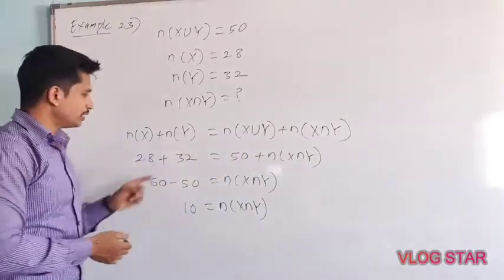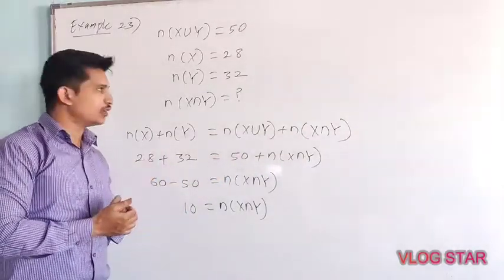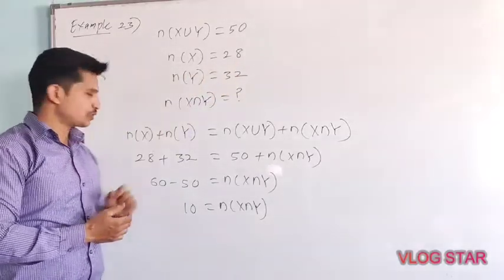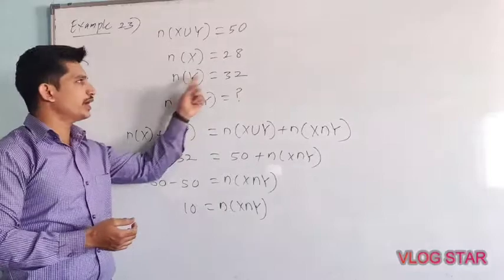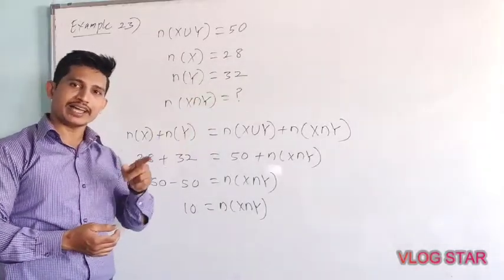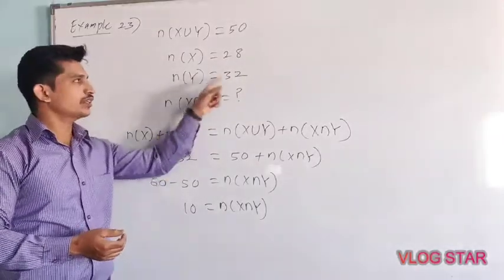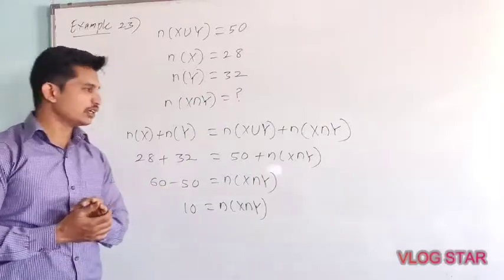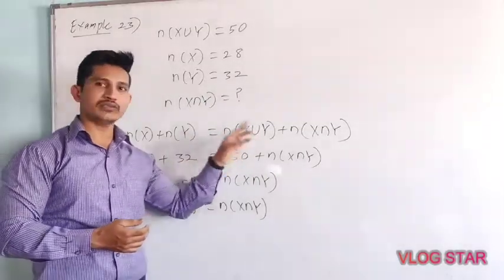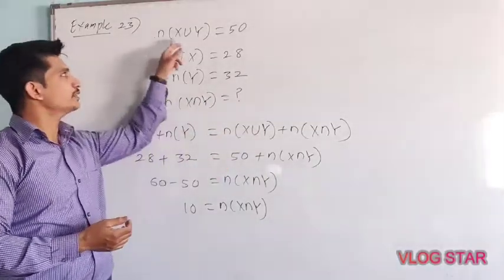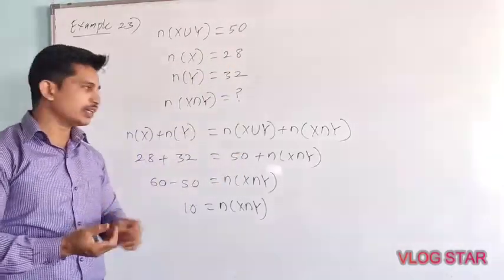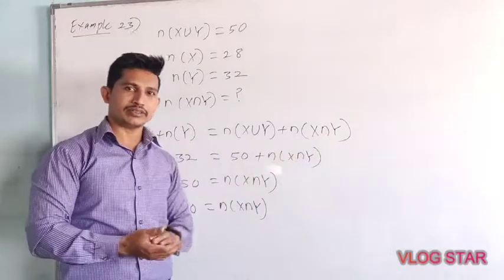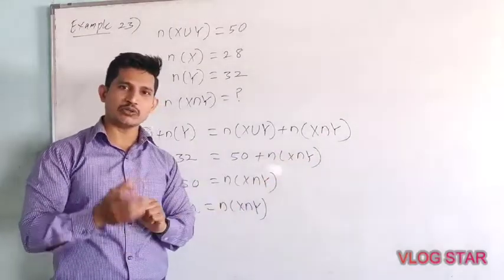Now n of X is 28. n of Y is given as 32. Now n of X union Y is 50. And you are finding n of X intersection Y. So you keep this as it is.